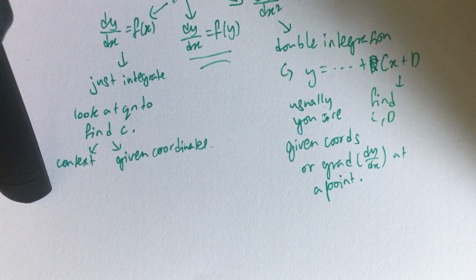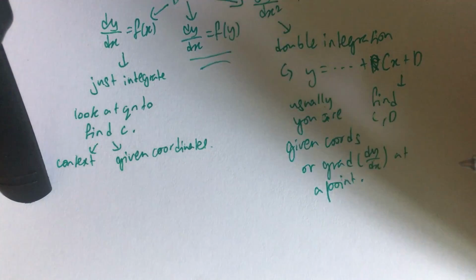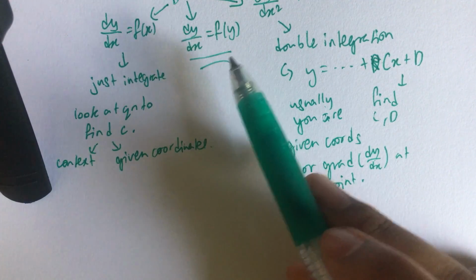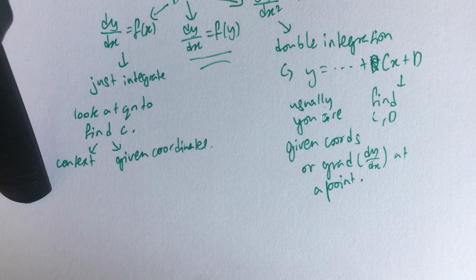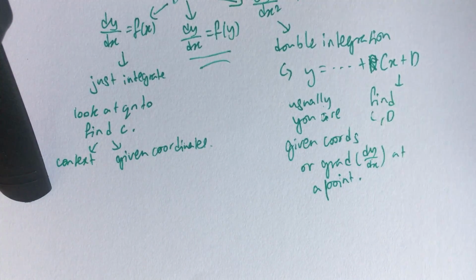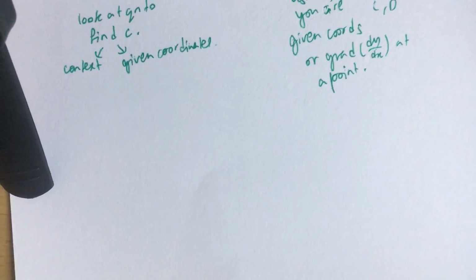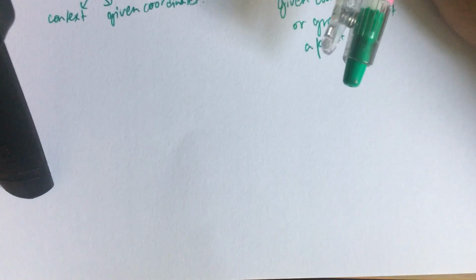Okay, so now let's go to the real stuff, which is dy over dx equals fy. In this scenario, they usually teach you a method where you separate it into dy and dx to make it work. But the way I like to do it the most is to just invert it.